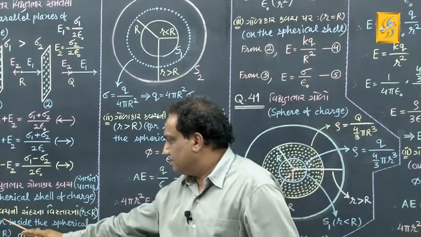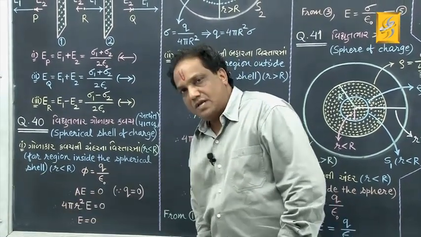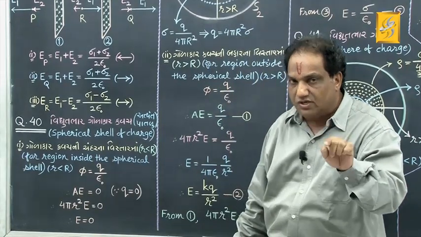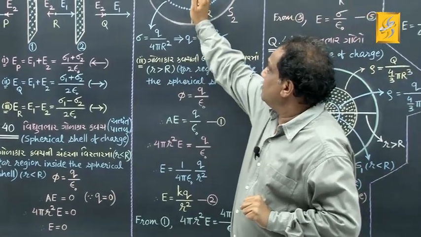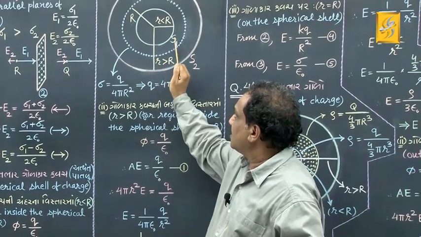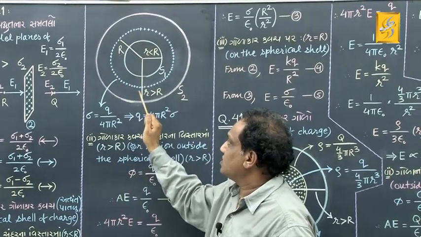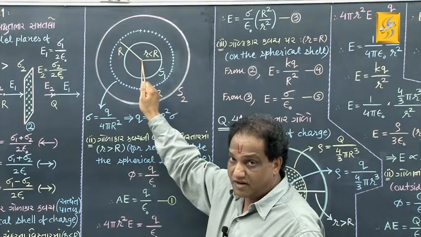First of all, the region inside this spherical shell. In whichever region you want the electric field, in that region you should consider a Gaussian surface. So I imagine one spherical Gaussian surface which is concentric with this spherical shell of charge, with their common center at this very point.